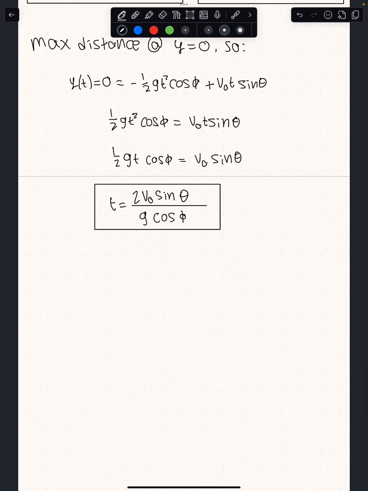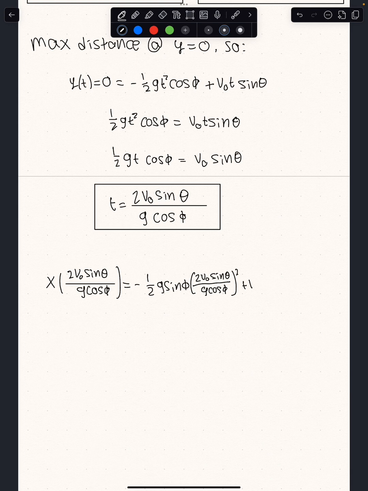That is going to look like x of t is equal to 1/2 g sine phi times 2 v naught sine theta over g cos phi, squared, plus v naught times 2 v naught sine theta over g cos phi times cosine theta, right?